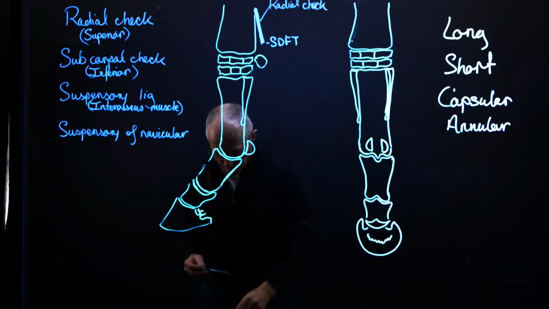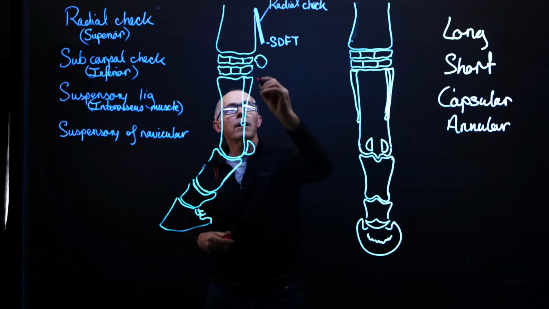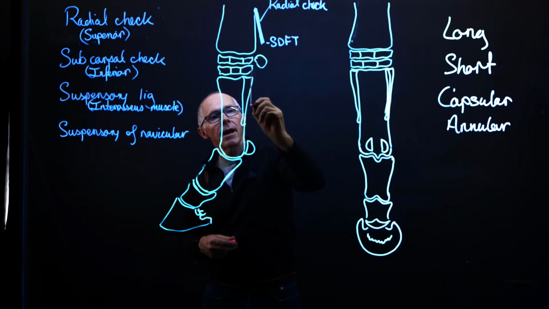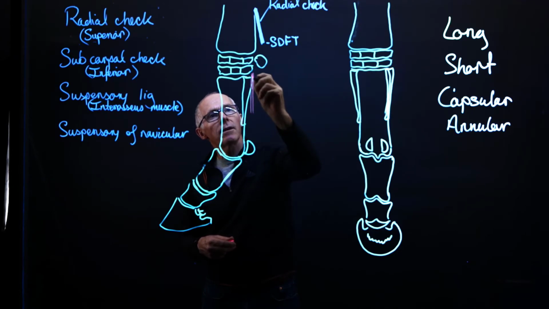Then we have the subcarpal check, which originates on the distal row of carpal bones on the palmar face and the proximal palmar edge of MC3, in the groove formed between MC2 and MC4, and runs down the back of the leg and inserts into the deep digital flexor tendon about midway down the leg.